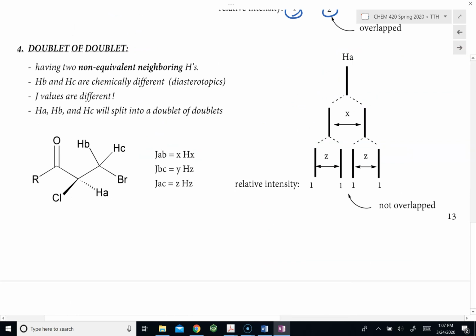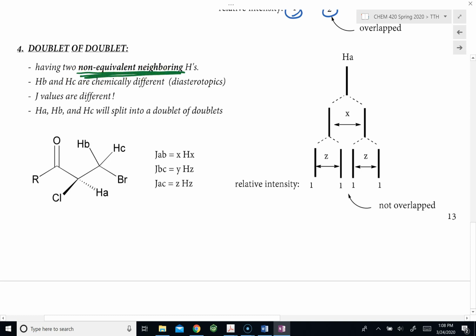And now let's go over a doublet of a doublet. A doublet of a doublet is whenever we have a doublet that is now splitting into two other doublets. We will then call them a doublet of doublet. A doublet of doublet is observed whenever we have a hydrogen signal that has two non-equivalent neighboring hydrogens.